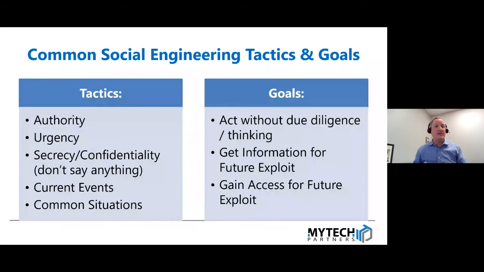If you're a CEO or CFO or some executive of an organization, or if you're from some official organization like the utility company, your phone company, internet company, some vendor that you work with, using authority to get people to maybe share information or give access when they wouldn't have in some other circumstance.